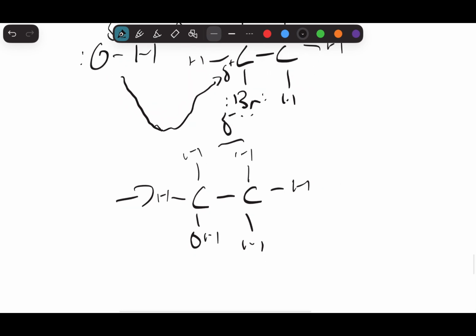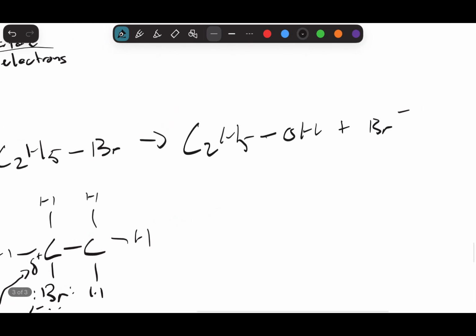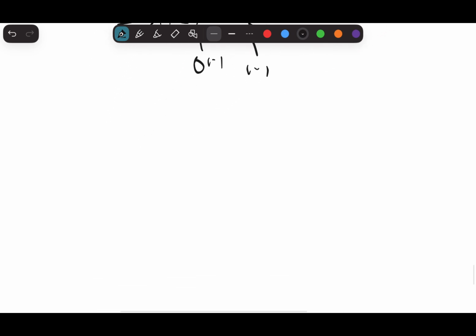So it would actually just sub in. And just know that it will always happen if it's in an aqueous solution. Leaving the bromine on the side, thus creating an alcohol and a bromide ion. So this is a standard nucleophilic reaction. A generalized formula that's kind of good to know is this.